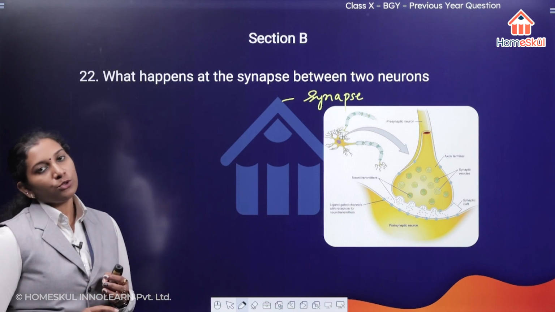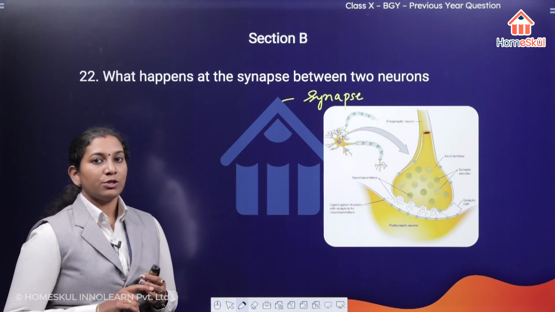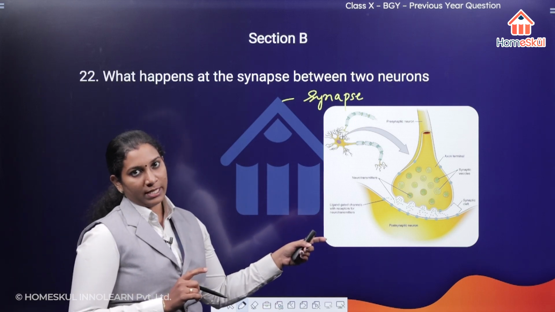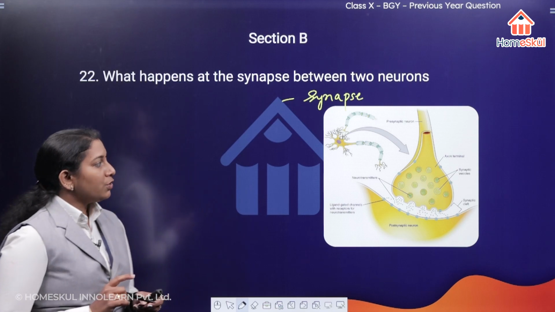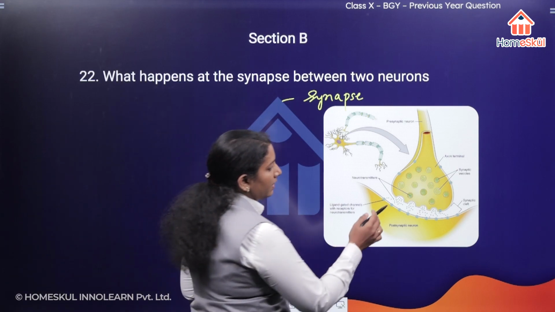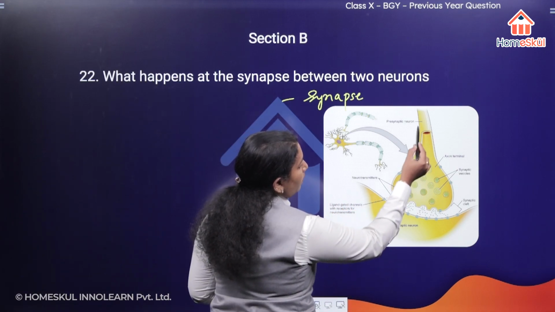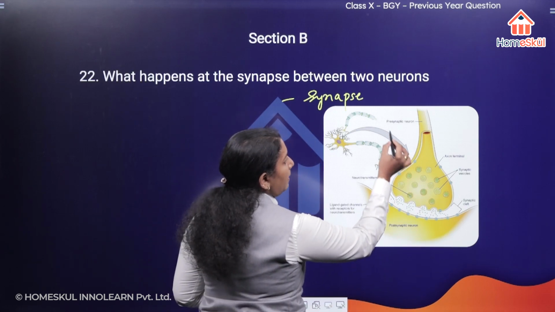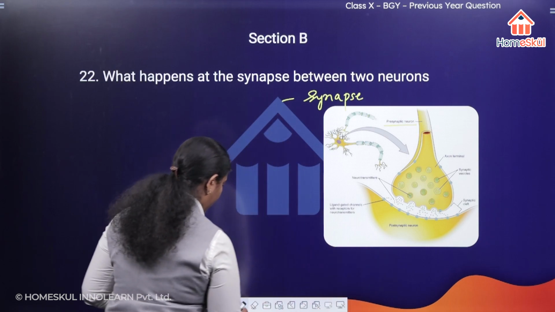The junction between two neurons is the synapse. So the communication happens between the two neurons at the synapse, right? So in the figure, you can clearly see that this is one neuron and this is another neuron, nerve endings that you can see. So this is the presynaptic neuron.